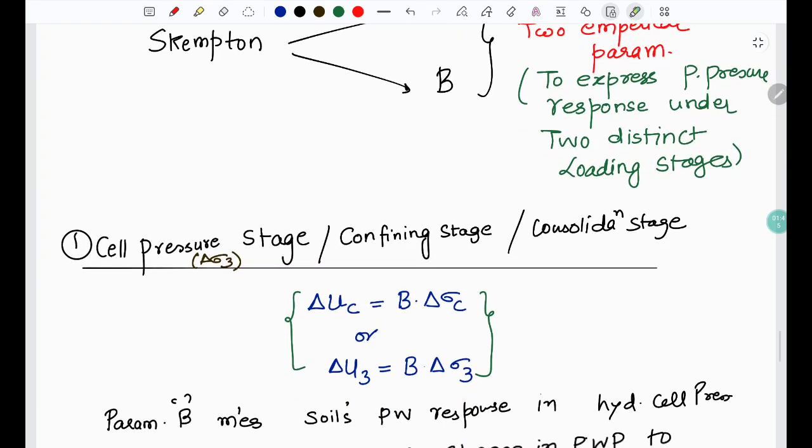Let's see the first one, the confining stage, in which the soil is loaded laterally and axially with sigma 3 load, the cell pressure given by water, where delta U C, that is change in pore water pressure in the confining stage, equals B into delta sigma C, that is change in the cell pressure, or we can use delta U3 equals B delta sigma 3, since sigma C is nothing but sigma 3, the minor principal stress.